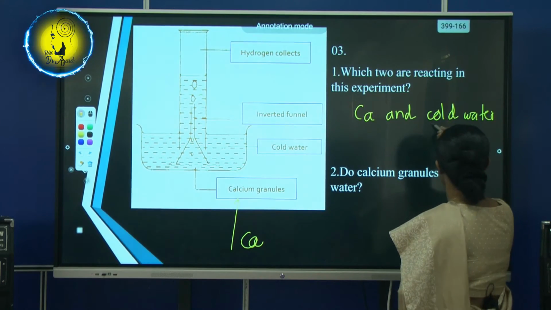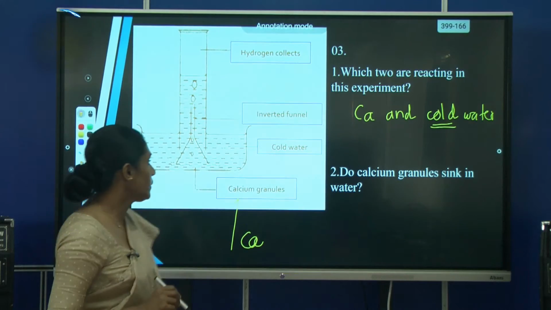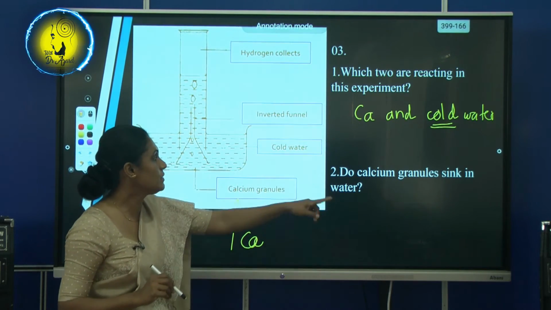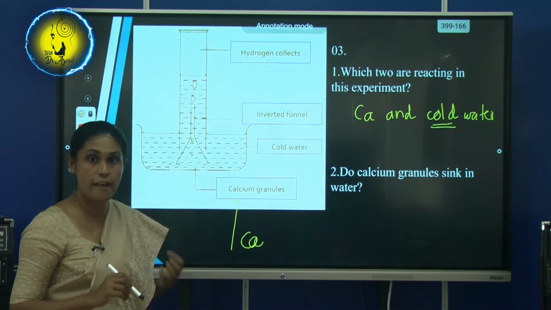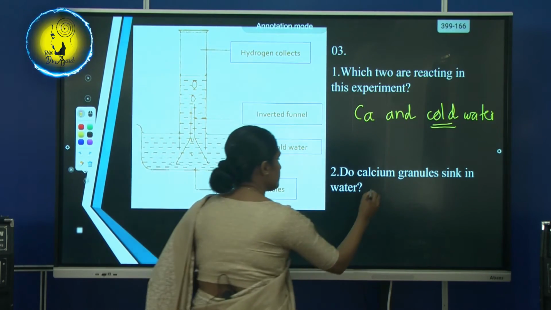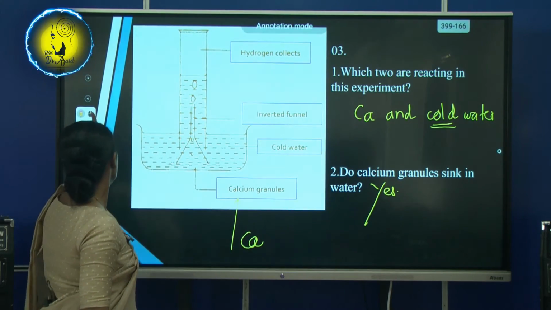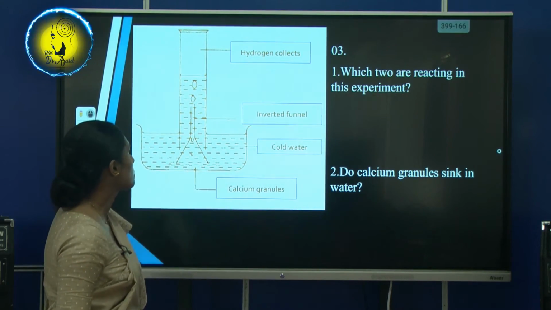It's better if you are mentioning cold water because we have warm water too. In the next part of the question, do calcium granules sink in water? Yes, they have a definite mass, therefore yes.